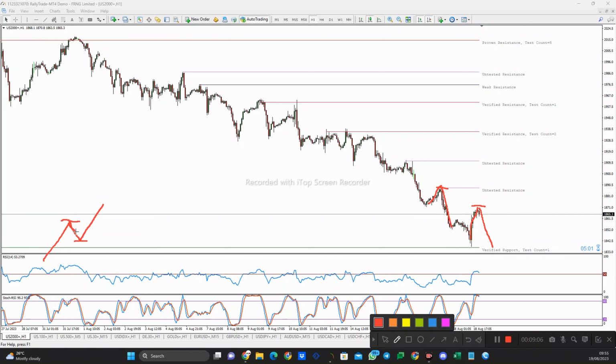Then it comes down to this low price, then it goes up again to this high price. Price cannot keep going up forever. At a point it is going to come down, and price cannot keep going down forever. At a point, it's also going to come up.